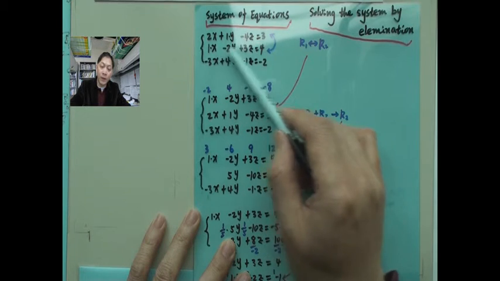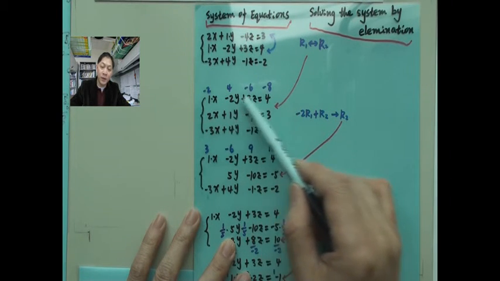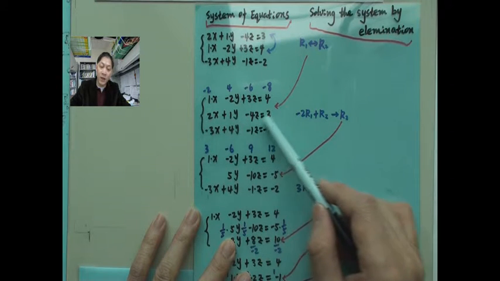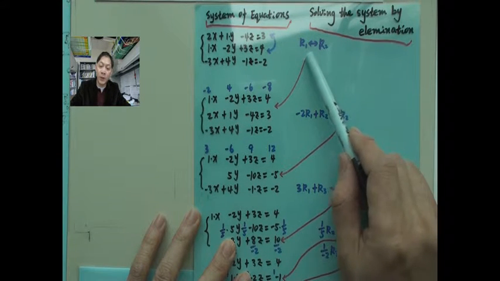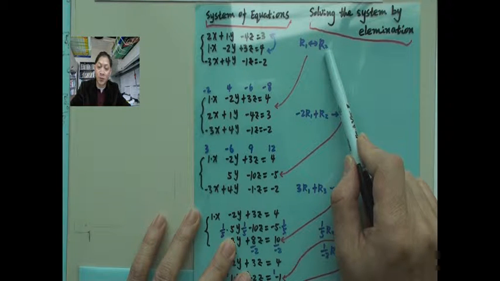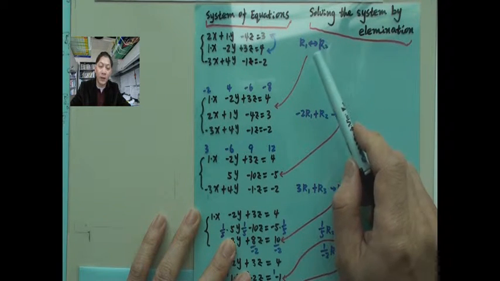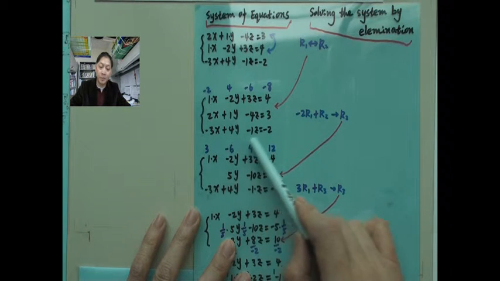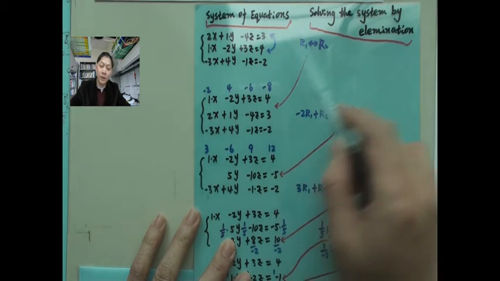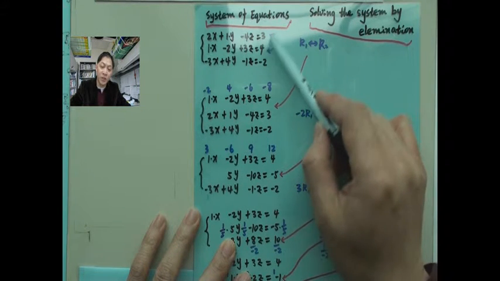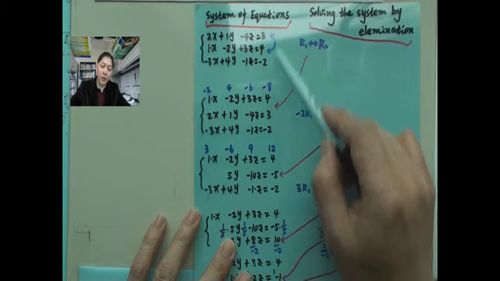I'll put the second one on the top and the first one in the second line. So here I wrote exchange row 1 and row 2, and row 3 is the same. From here to here we just exchanged two rows.